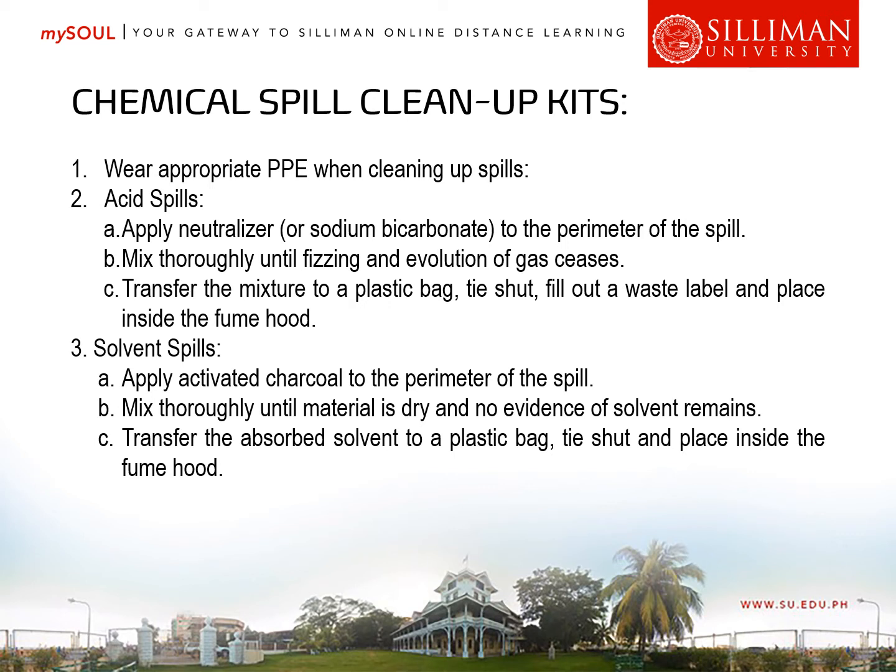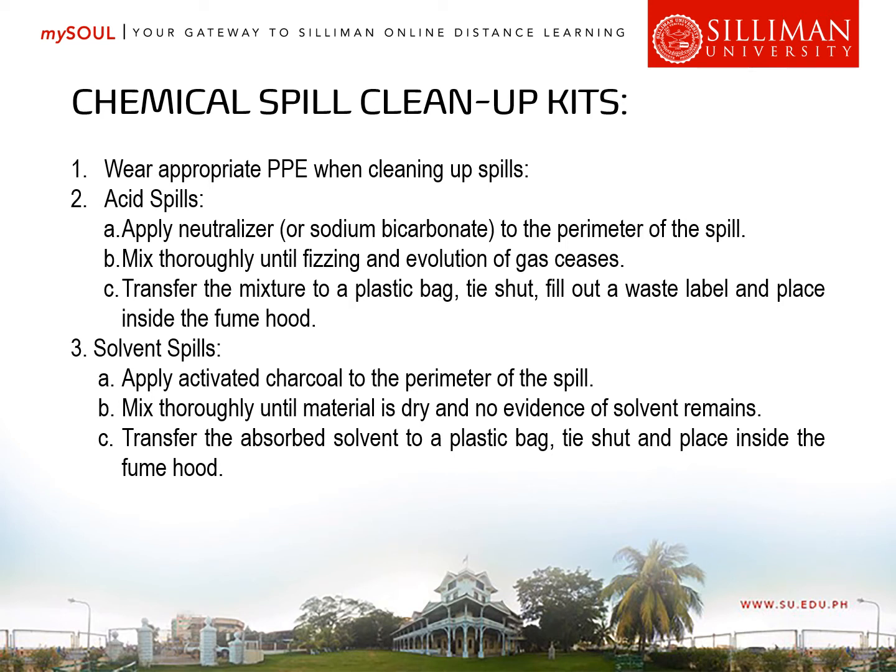Remember, our PPE is composed of our lab gown, our gloves, and our mask. And we also have goggles or face shields. Number two, we need to know if the accidental chemical spill is an acid spill or a solvent spill.